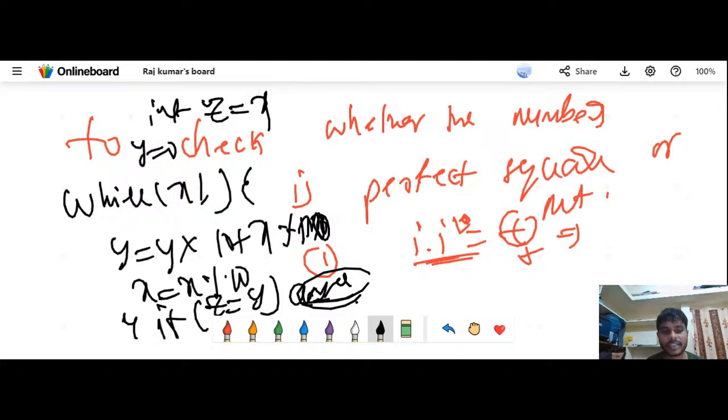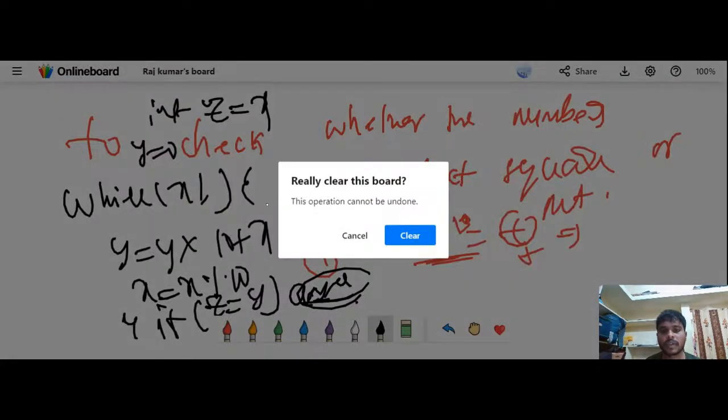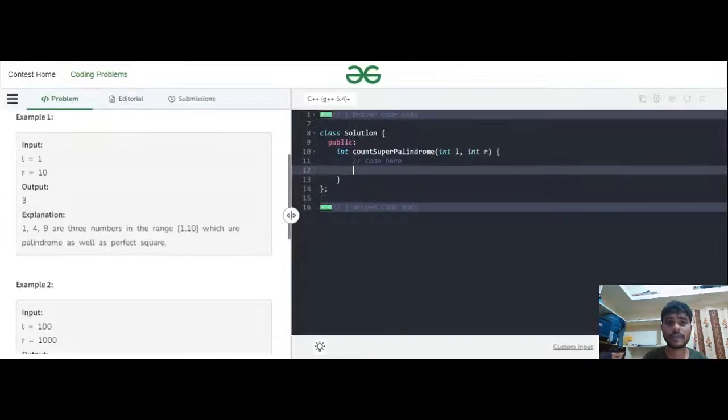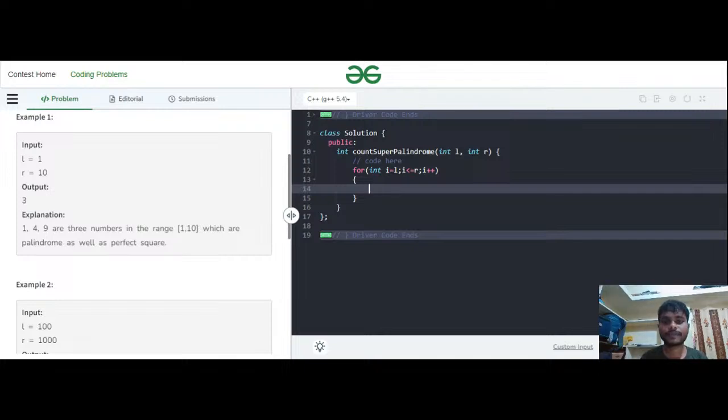But here the main task in the question is, see, if I do this problem with the logic I just described, for int i is equal to l, i less than or equal to r, i plus plus, both inclusive.